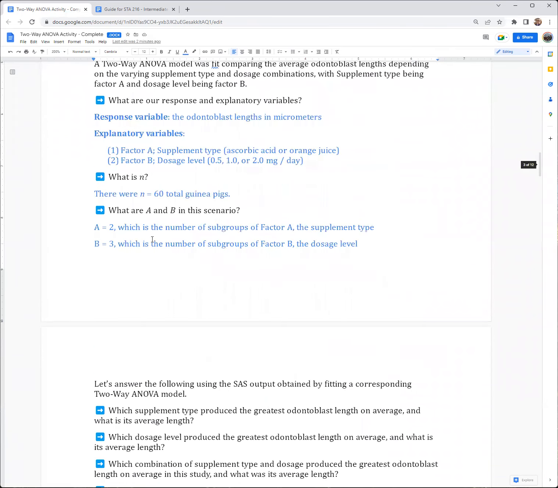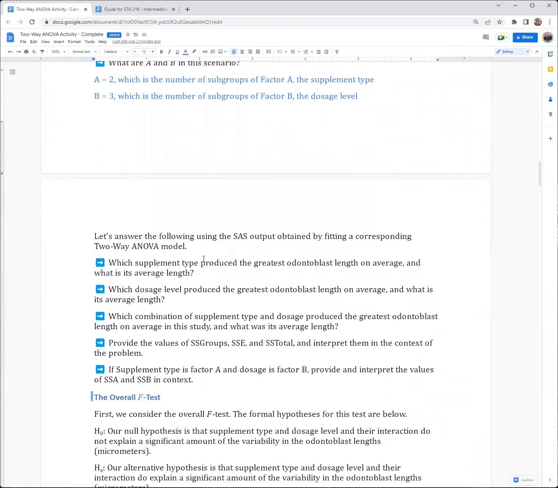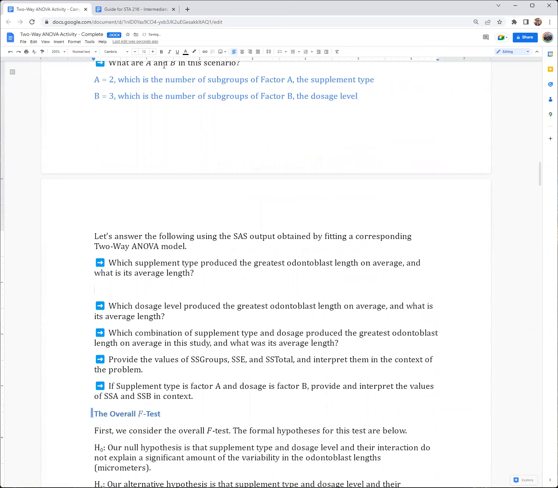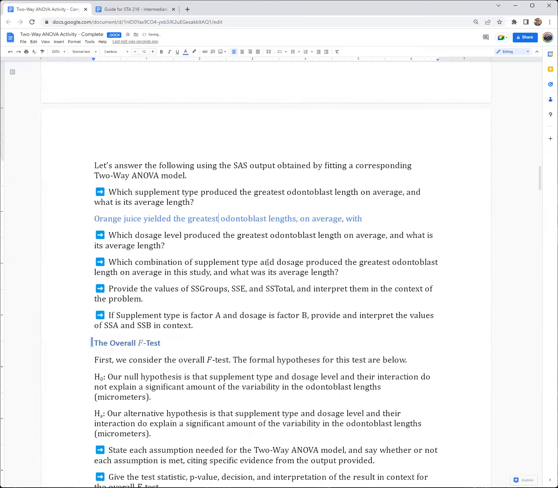So let's see, which supplement type produced the greatest odontoblast length on average? So orange juice, and let's see what that number was.